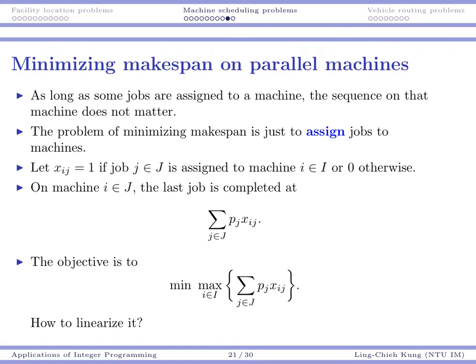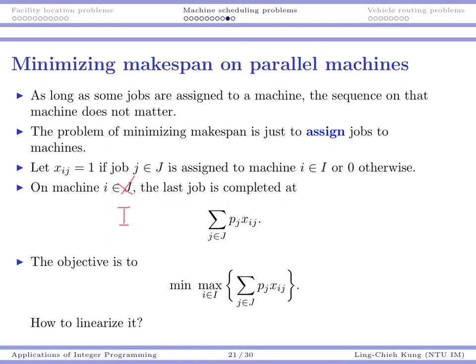You need to decide whether you want to assign job J to machine I, or you want to do something else. Each job must be assigned to at least one machine, and that's going to make Xij 1. On machine I, for each machine, we want to know the last completion time.